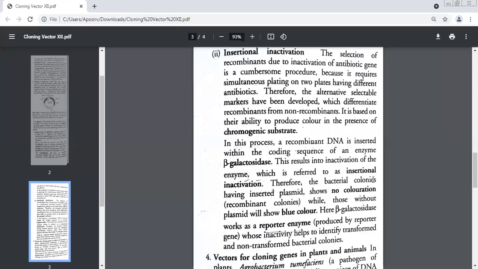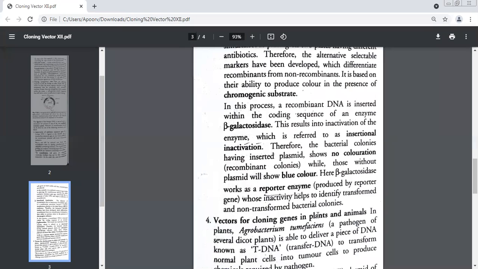That is why this process is known as insertional inactivation. Therefore, the bacterial colonies which will have the inserted plasmid will show no color. There will be no color because this has become inactive now, recombinant colonies. But those without plasmid will show blue color. Those which have this will show blue color. Those which do not have, no color will be there.